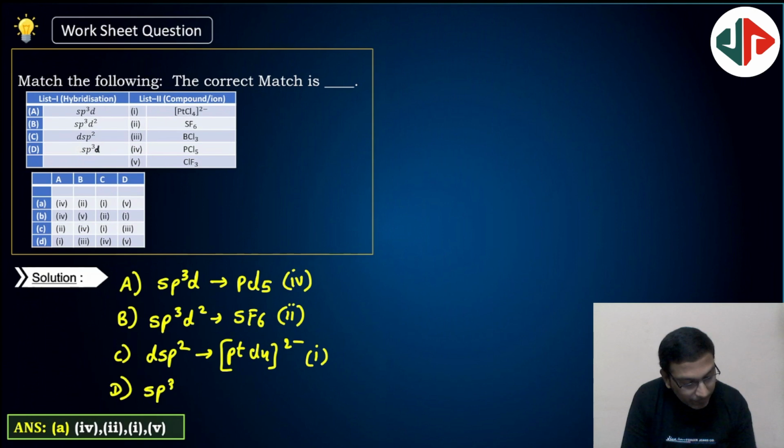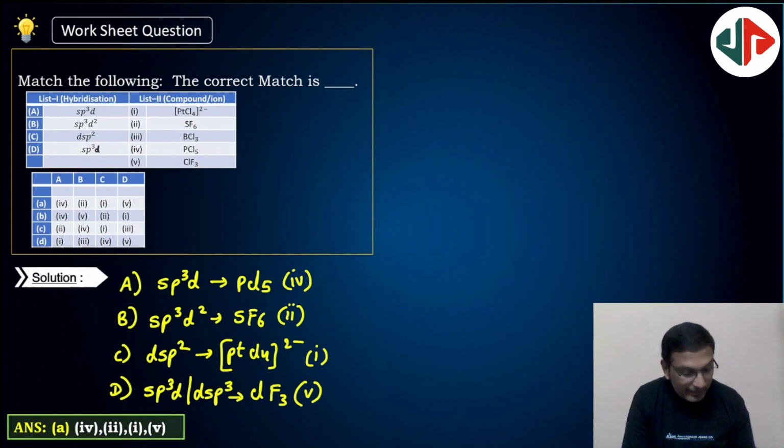Next option D, sp3d or dsp3. It is present in ClF3. ClF3 present in option 5. Therefore, A4, B2, C1 and D5.